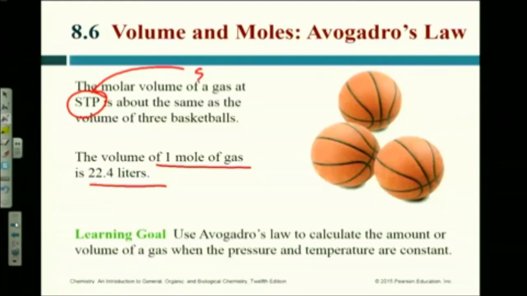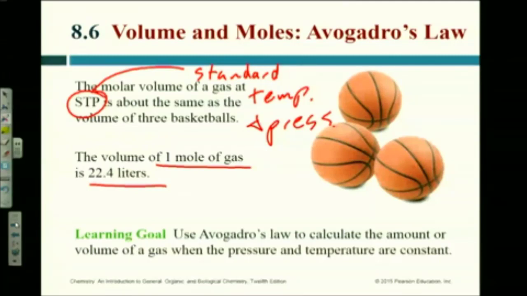STP is standard temp and pressure. And we'll get there, okay? We're going to talk about standard temperature and pressure, and we're going to talk about this relationship of 1 mole of gas being 22.4 liters.